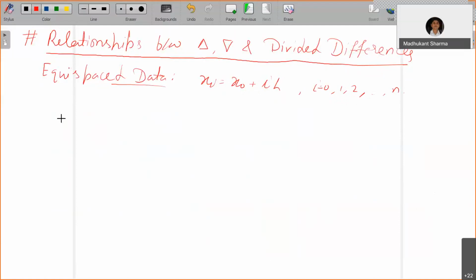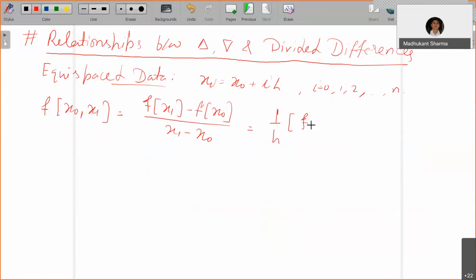Now recall the first divided difference. f of x naught comma x1 is f of x1 minus f of x naught divided by x1 minus x naught. If you recall the definition, x1 minus x naught is h, so it is 1 by h times f1 minus f0.